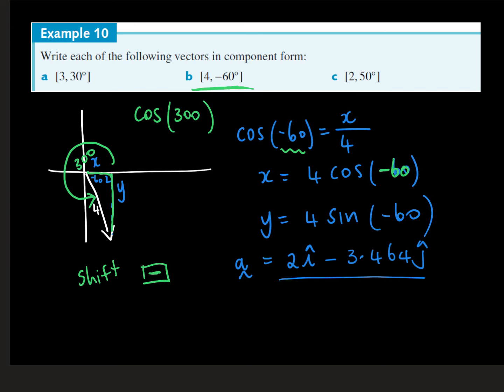So Shift Rec, and then you open bracket, and you're going to type in, let's do this one here, 4 comma negative 60. Now the comma button is found if you shift and close bracket, I think it is, so it's the second function of the brackets, and that will just give you the x and y values.